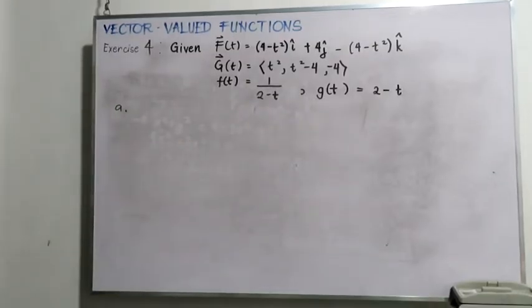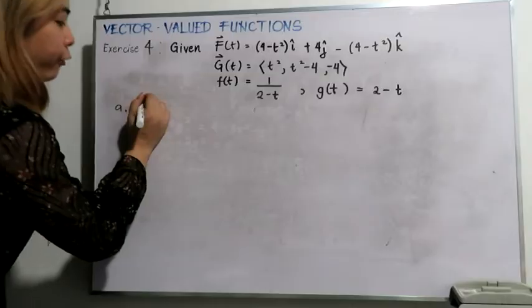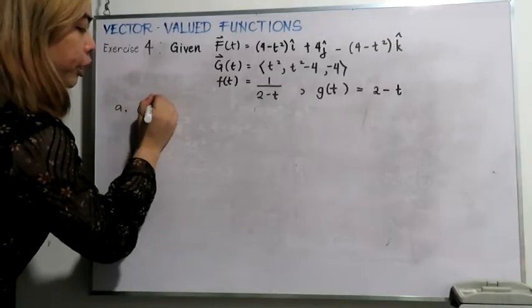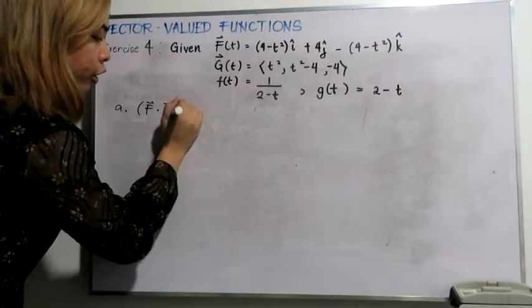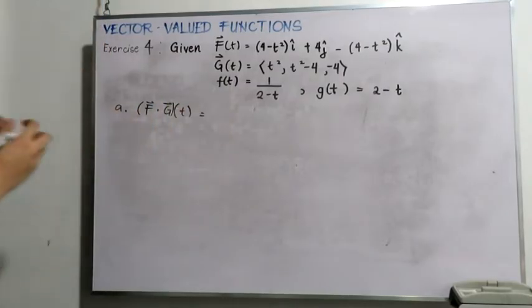So first, let us try to compute for the dot product of our two vector valued functions F and G. So we will be computing for F dot G of t. Again, this is quite straightforward. The dot product of F and G is simply the sum of the component-wise product of F and G.